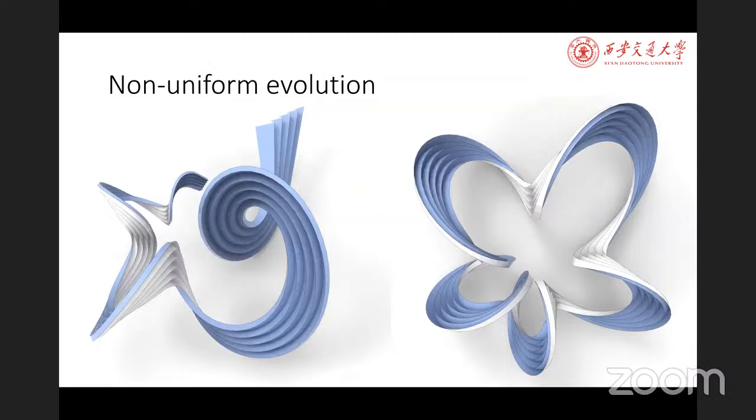These two examples show the results of non-uniform evolution. It means that for generating an initial curve pleated structure during the evolution, the moving speed of the vertices on the pseudogeodesics is non-uniform. So that is why some parts are narrow and some parts of the structure are wider.